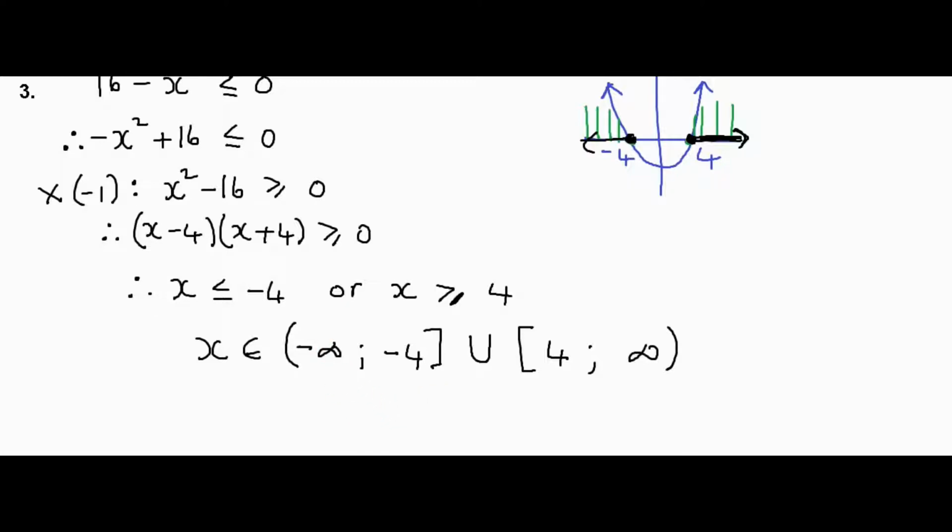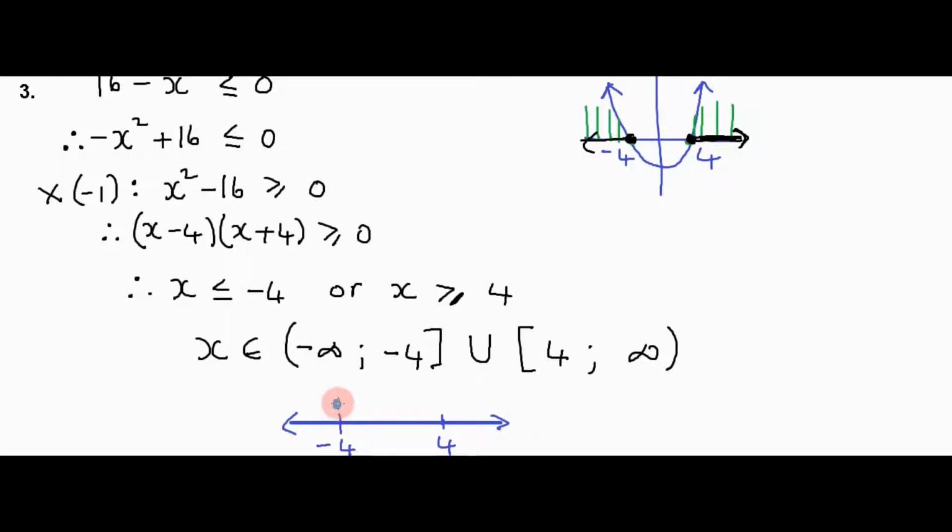Then if we had to illustrate this on a number line, so let's say this is the real axis, we have negative 4 and positive 4. In this case, it's going to include positive and negative 4.